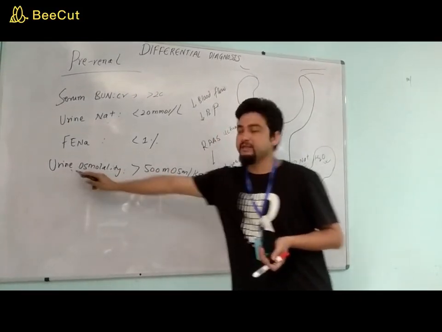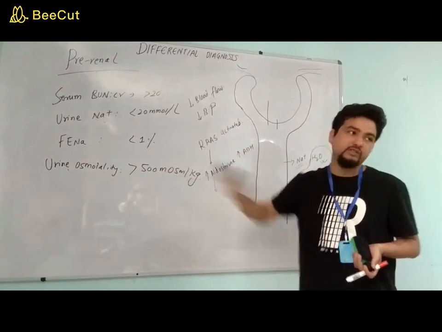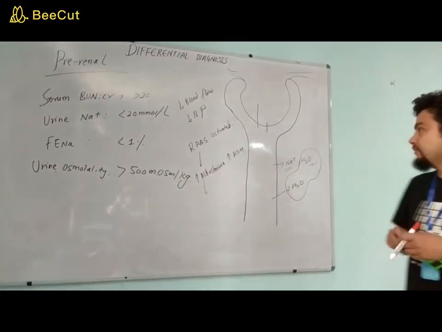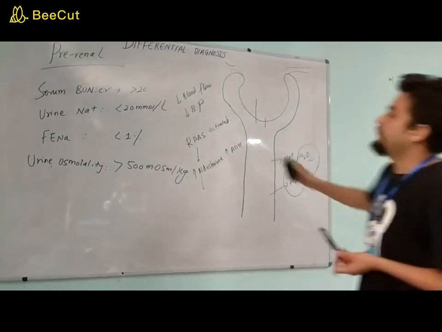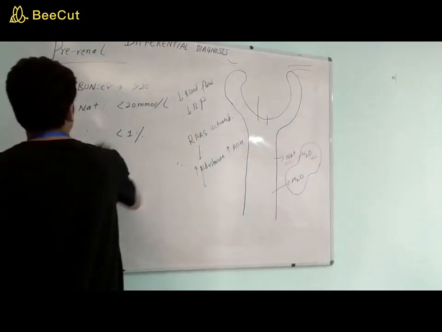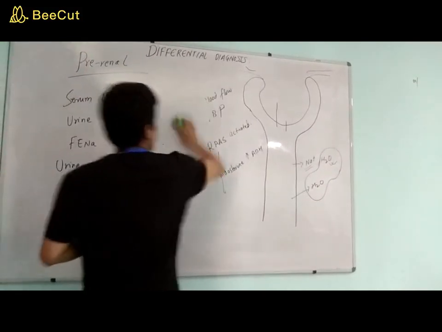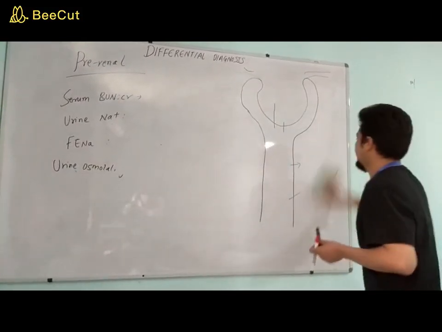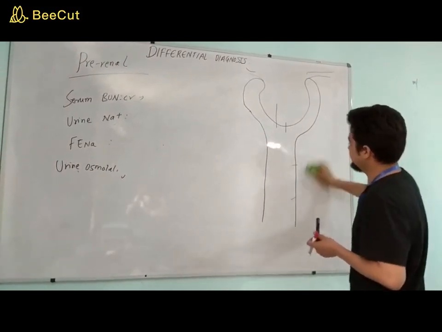Less water in urine means more osmolality. Okay. Now let's discuss the renal cause. What happens in the renal one?